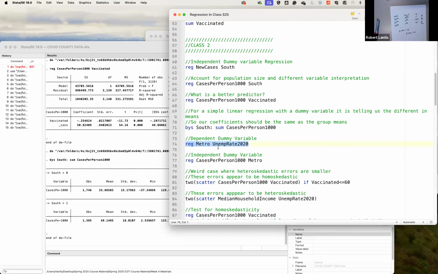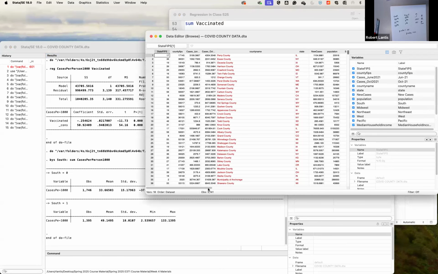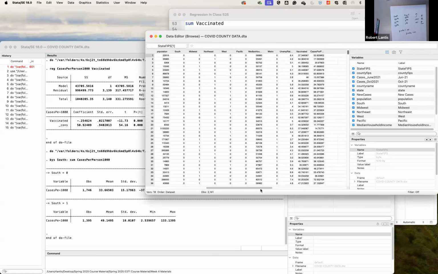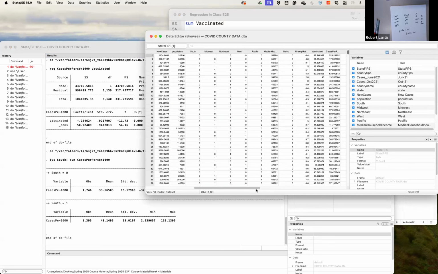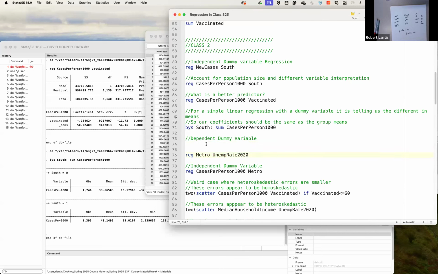Well, I'll change it here. Sometimes I do things on the fly. Let's see something that might be interesting here. What's a dummy variable we've got here? So we've got where it's located. I know what I'll do.